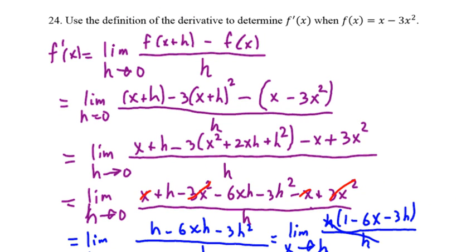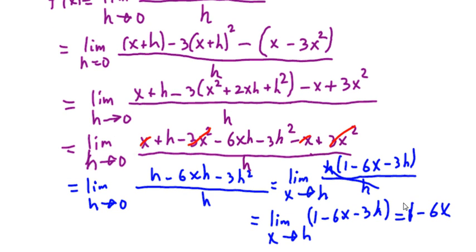But we can also check up here, using the power rule, f prime of x is going to be equal to the derivative of x, which is 1, and then minus 2 times 3, 6x. So we had the ability to check. And so we used the definition of the derivative and came up with this 1 minus 6x.